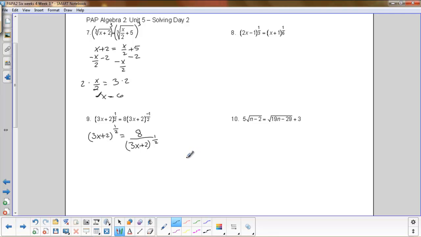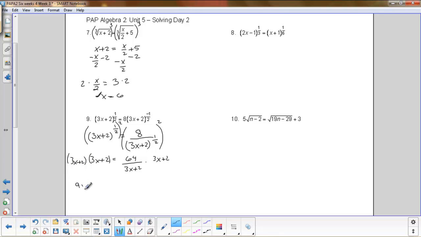Now what I'm going to do is square both sides to get rid of that rational exponent. And now I get 3x plus 2 equals 64 over 3x plus 2. Multiplying both sides by 3x plus 2, and now I can solve for x.